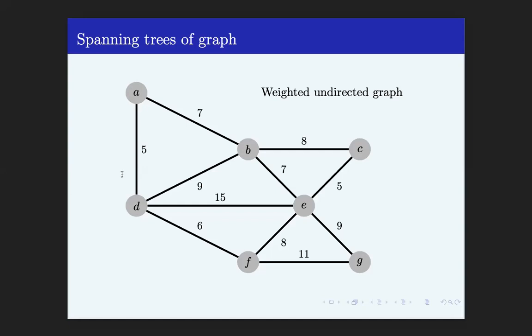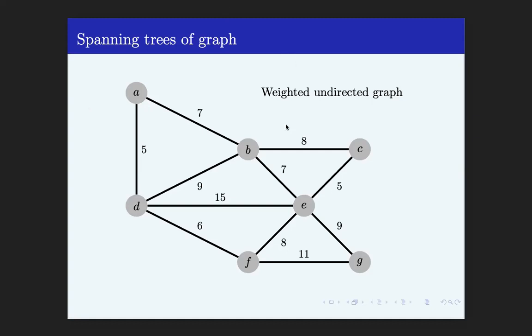But since AD is minimum among all the edge weights, whatever edge I remove from that cycle has to have edge weight greater than or equal to 5. Which means that, give me any MST, and I can produce another MST that contains this edge AD. Is this clear?